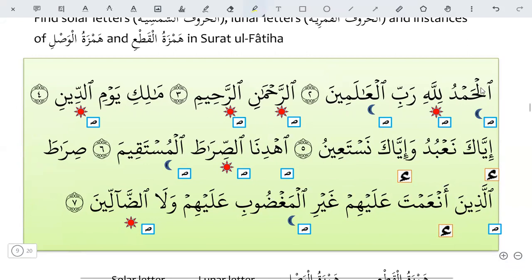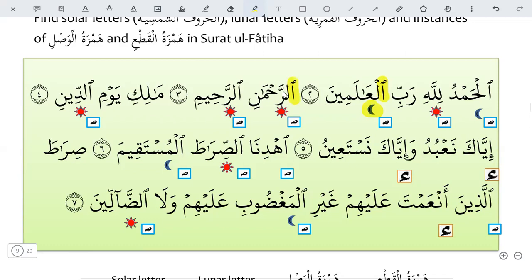So we will pronounce Alhamdu lillahi Rabbil Alameen. This ba we will pronounce with the lam. So this is lunar, moon letter. This Hamza and this lam is a lunar letter.